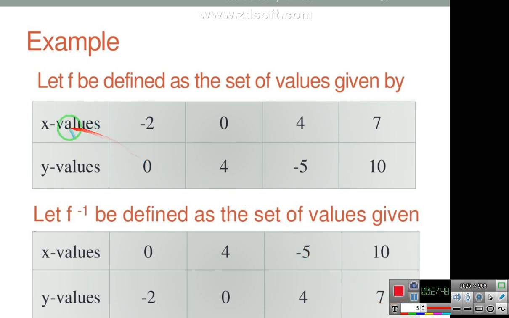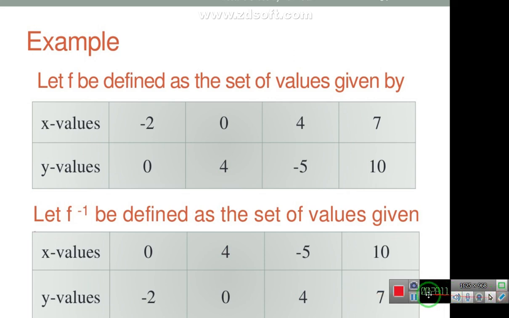This is an example with normal x values and y values: minus 2, 0, 4, 7, 0, 4, minus 5 and 10. Now for the inverse of the function, x and y are interchanged. The value of y becomes x and the value of x becomes y, and so on. This is the example of an inverse. We will see an example again in a proof.